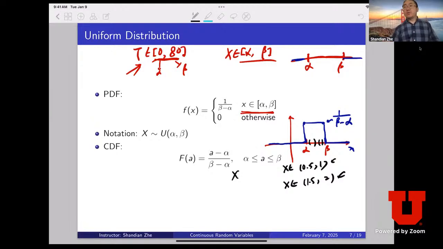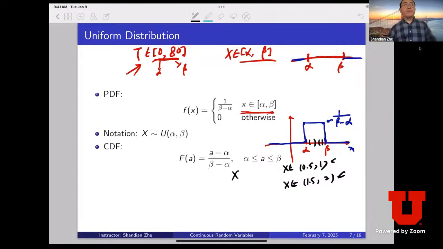This is called uniform distribution, meaning that the probability has nothing to do with the absolute position of the range it falls in. It only relates to how large the range your random variable's value falls in is.